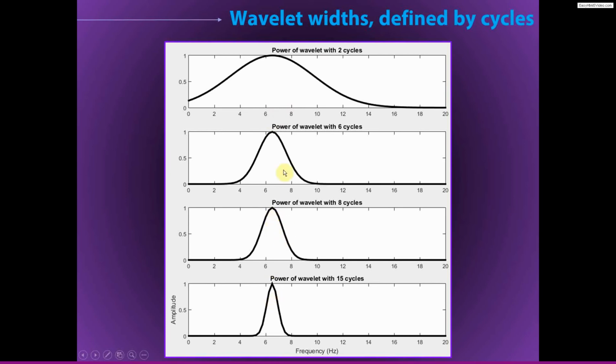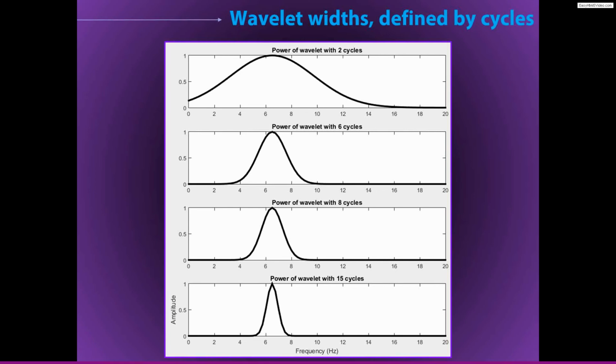The only difference between these 4 wavelets is the number of cycles used to construct the Gaussian. So they all have a peak at 6.5 hertz, but the width varies quite considerably from 2 hertz up to 15 hertz.